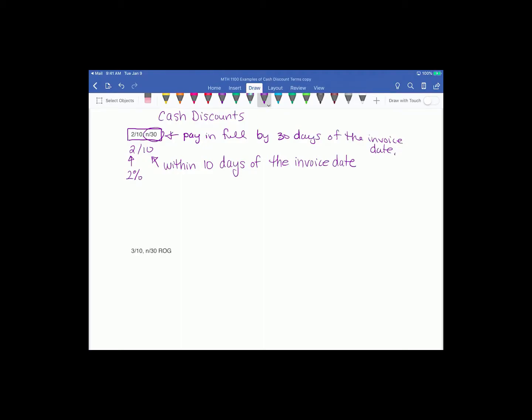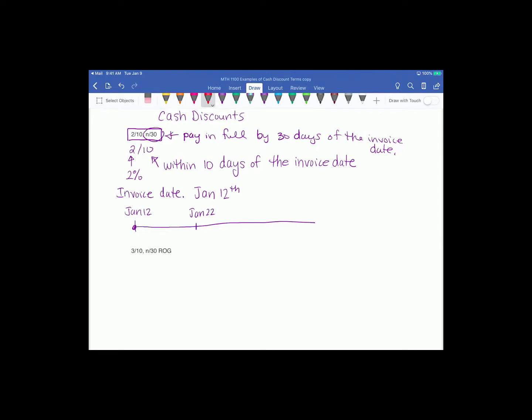Okay, so if we look at an example, let's say the invoice date is January 12th. So if we look at a timeline, January 12th will be our starting point. And if we pay within 10 days, we'll get a 2% discount. So 10 days from January 12th would be January 22nd.